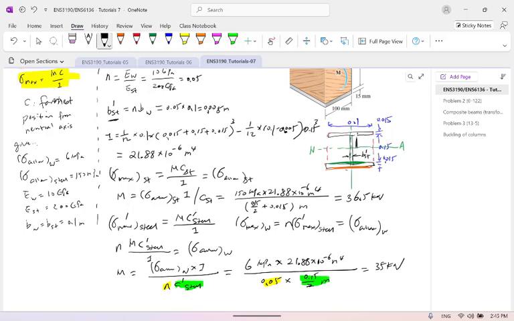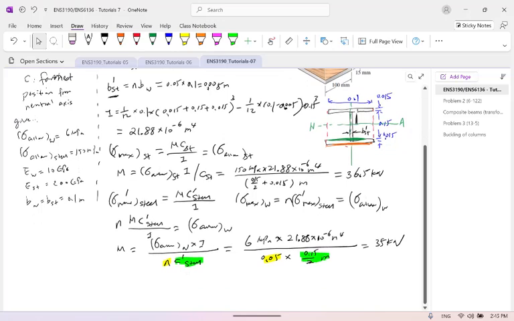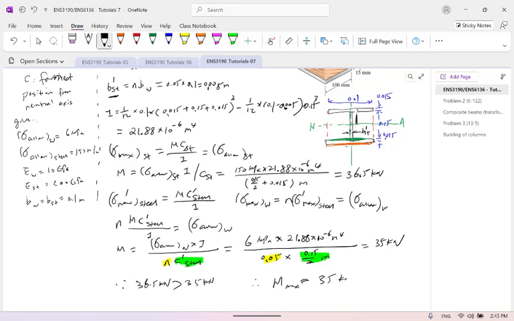So because 36.5 is greater than 35 kilonewton meter, the maximum moment will equal 35 kilonewton meter.